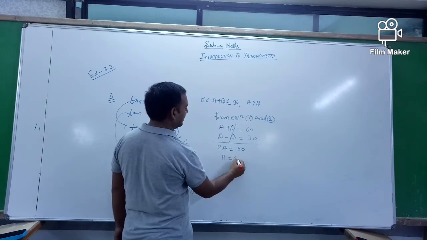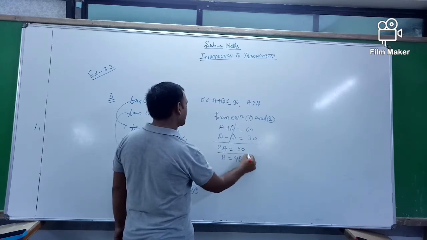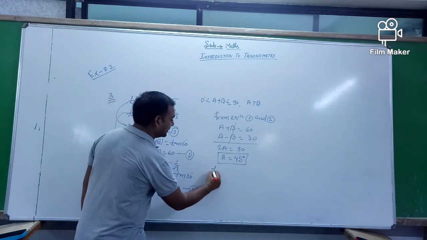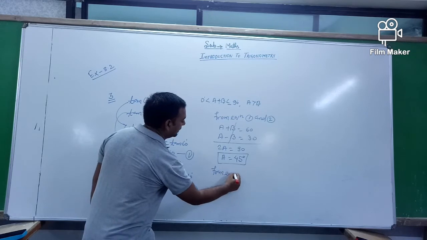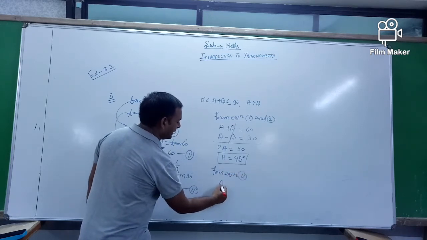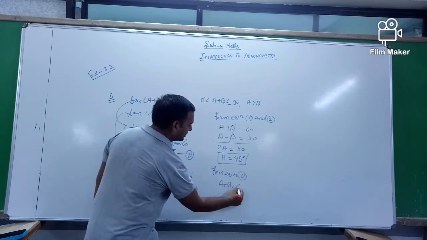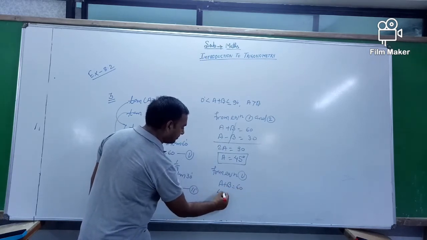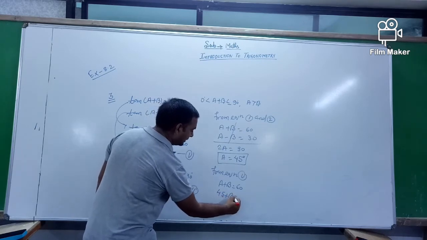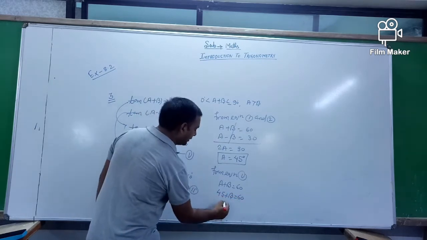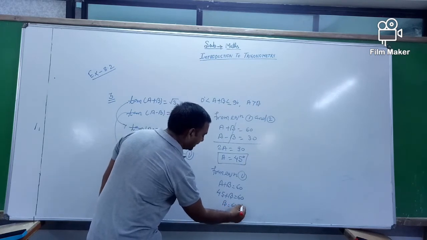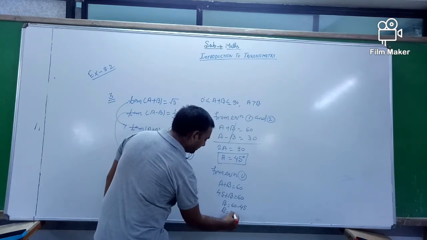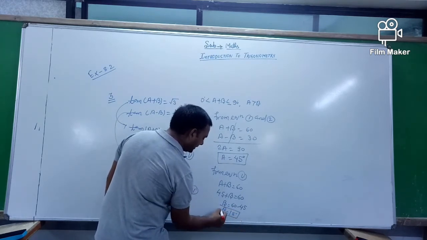So A is equal to 45 degrees. From equation 1, A plus B is equal to 60, so 45 plus B is 60. Therefore B is equal to 60 minus 45, which is 15 degrees.